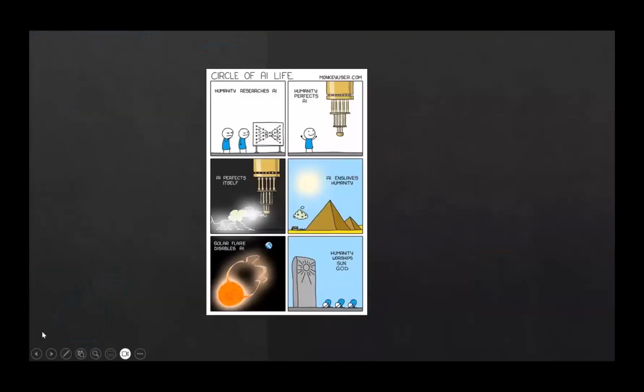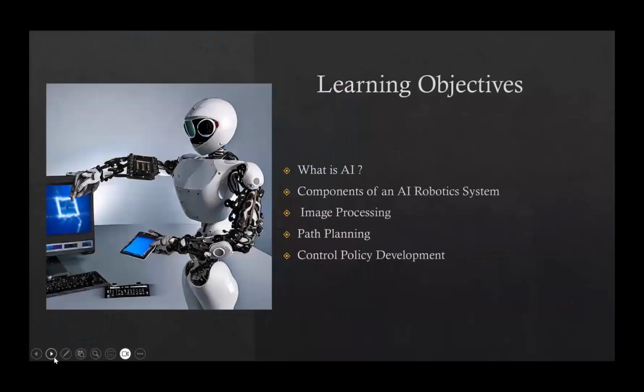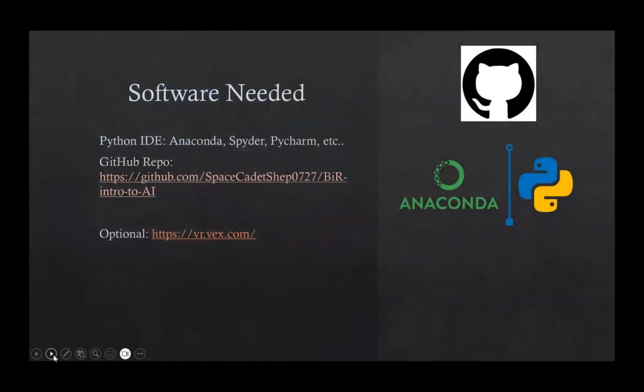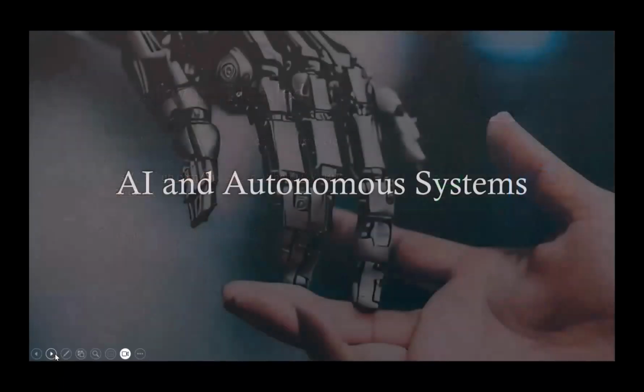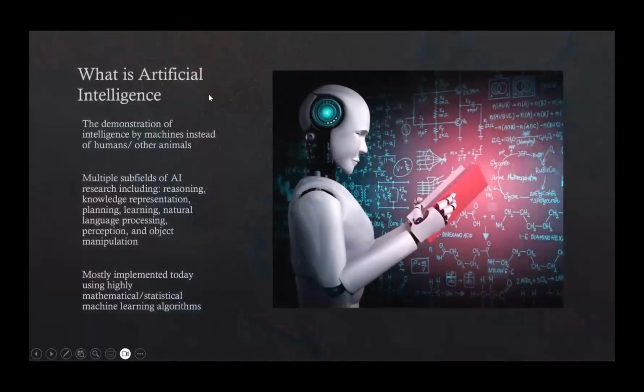So we've already covered that. Now let's move on to the AI and autonomous system section. Again, if everything isn't installed for you already, we will work to get you caught up during the breakout sessions. So let's talk about what artificial intelligence is.